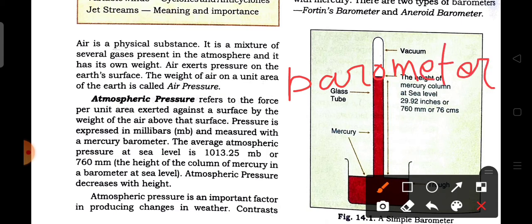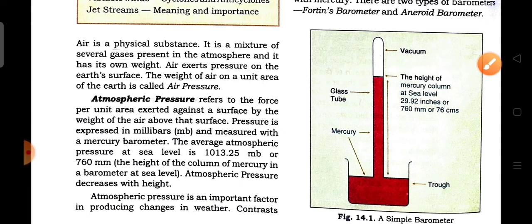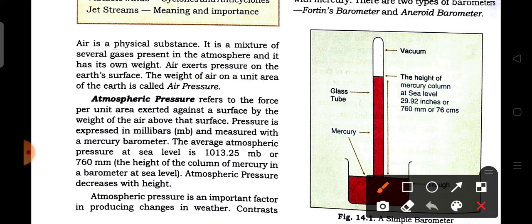The average atmospheric pressure at sea level is 1013.25 millibar or 760 millimeter, the height of the column of mercury in the barometer at sea level.